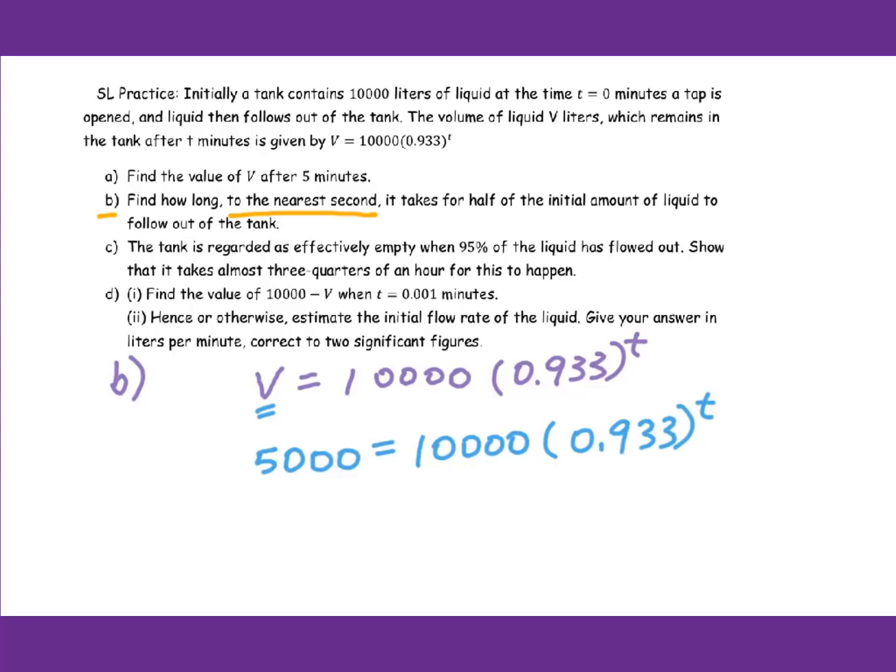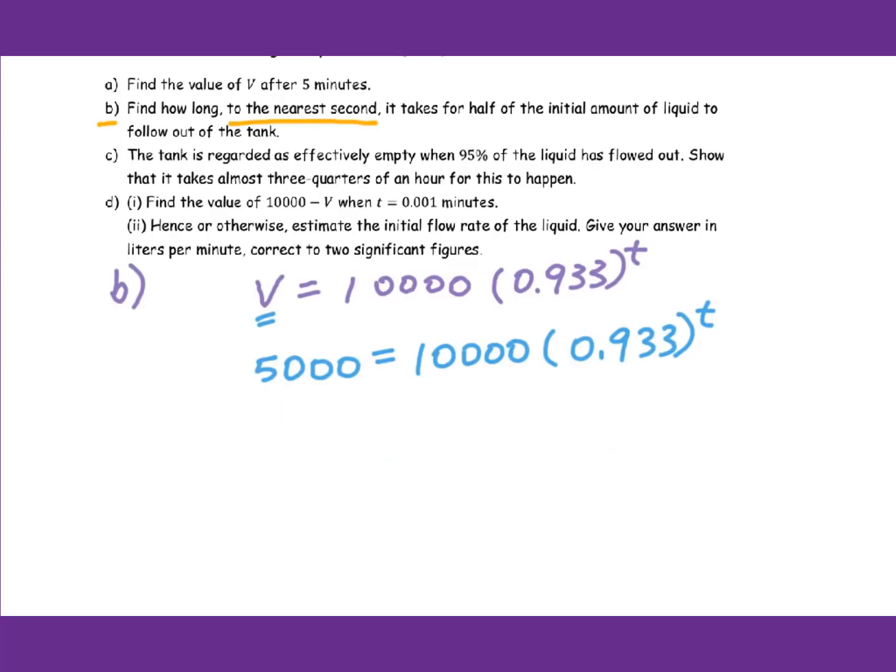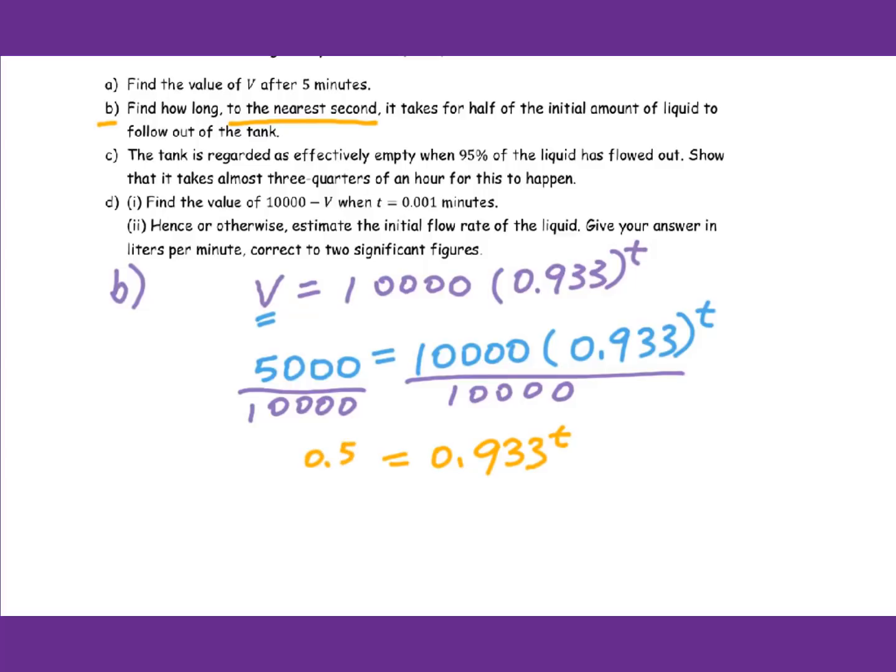So we solve this equation first. We divide by 10,000 on both sides. Then we got 0.933 to the t's power equals 0.5.